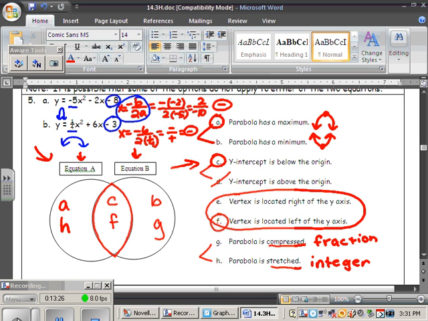And if the sign of the x value of the vertex comes out negative, it's going to be located to the left of the y-axis. If it comes out positive, it will be located to the right of the y-axis. And that completes the lesson on transformations of parabolas for quadratic equations.